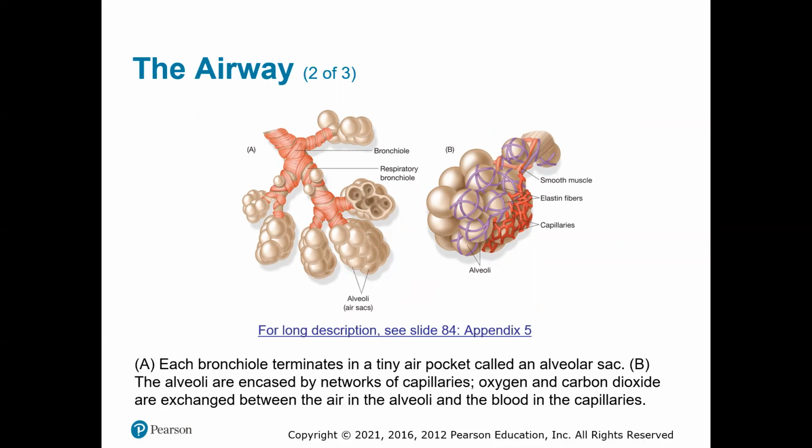It's important to have some moisture in there, but you don't want them filled with water. This is where you'll drown. If you get water in there, there's no transfer of oxygen and carbon dioxide, so you can actually drown.